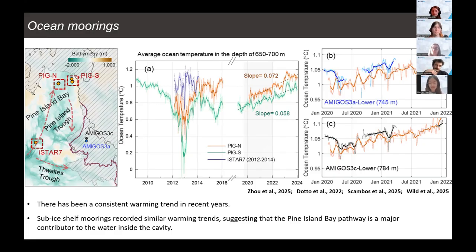This result is quite consistent with other studies saying that the ocean has been staying in very warm conditions since last century. Because these moorings are located near the Pine Island Glacier, we compared them with the Thwaites Ice Shelf mooring and the Thwaites Eastern Ice Shelf. The two data sets showed quite a similar trend, indicating that the Pine Island Bay pathway is a major contributor to the water entering the ice shelf cavity.